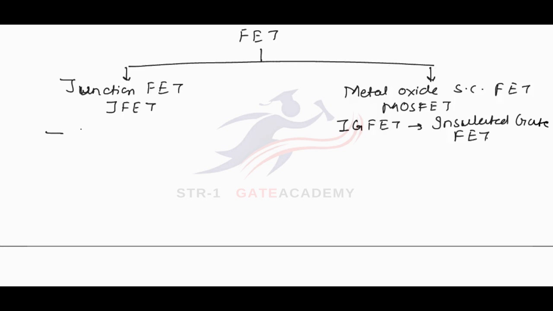In JFET there are three terminals: source, drain and gate, while in MOSFETs there are four terminals: source, drain, gate and one more additional terminal, that is body.